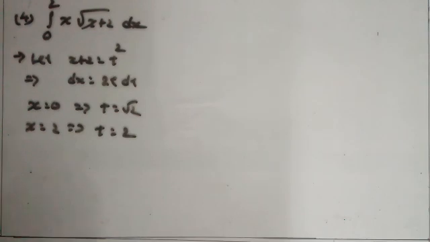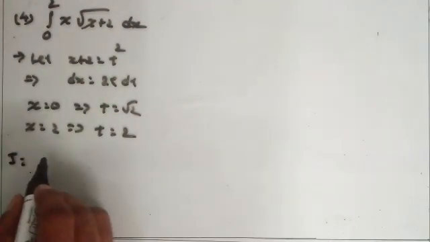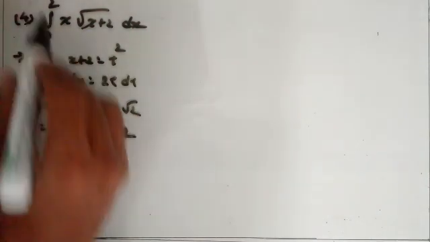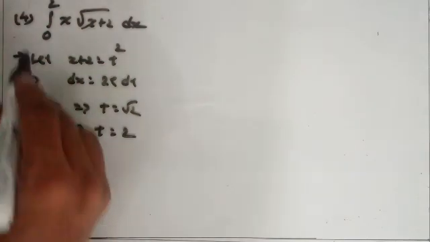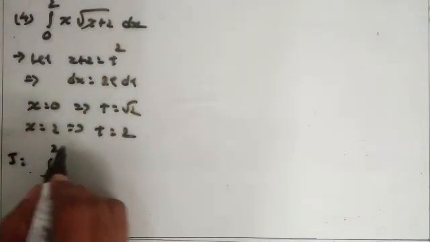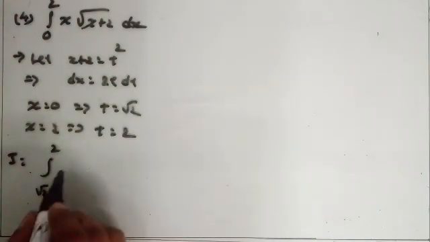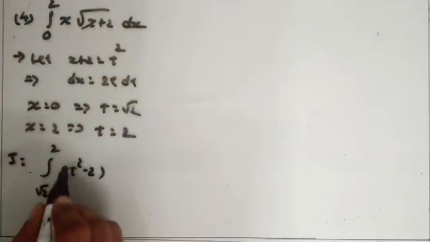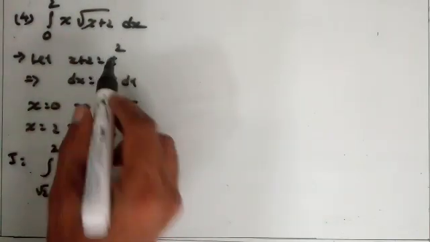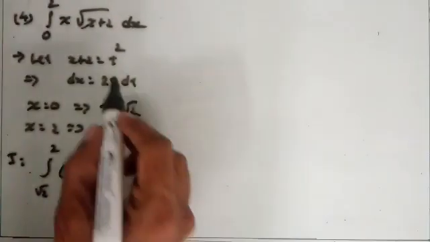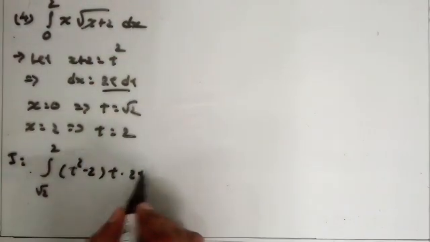Now the integration becomes 0 to 2. Here x is equal to 0, then t is equal to root 2. x is equal to 2, then t is equal to 2. x is equal to, taking this to the other side, t square minus 2, into root of x plus 2 is equal to t, and dx is equal to 2t dt.